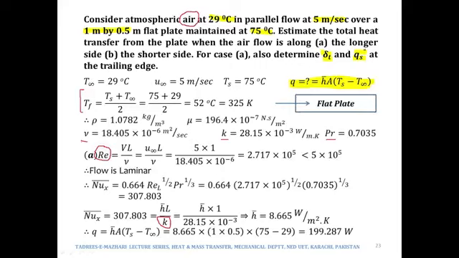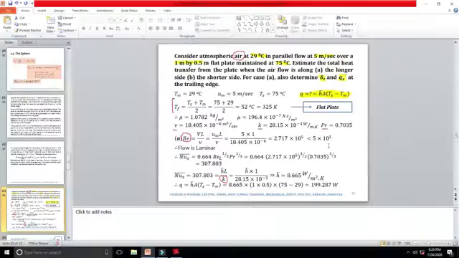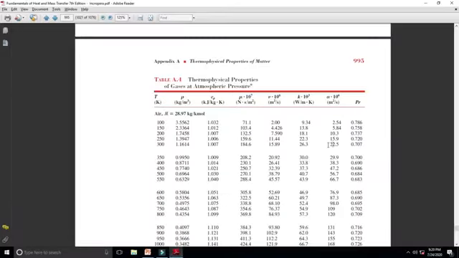Now in order to find out those properties, the viscosity, the conductivity and Prandtl number, we need to refer to this table, which is table A-4 at the end of our book, and it lists the properties of gases.